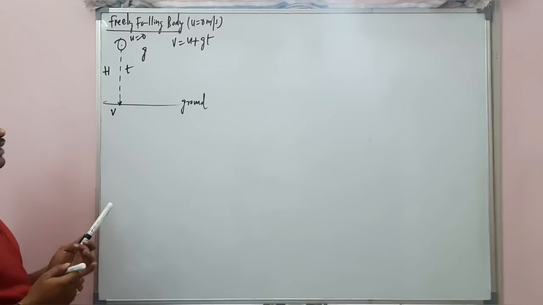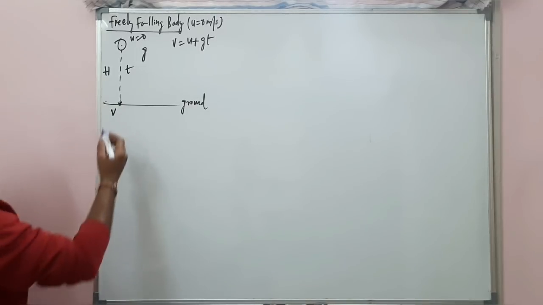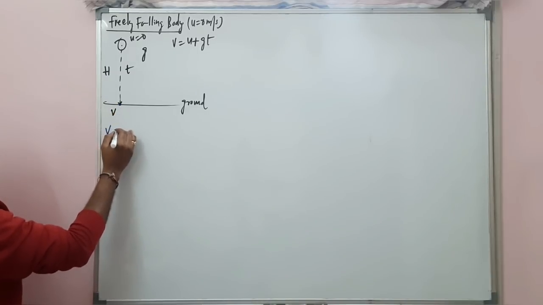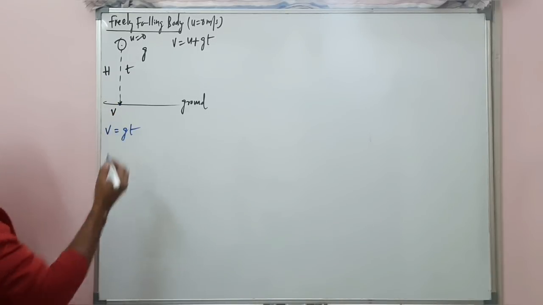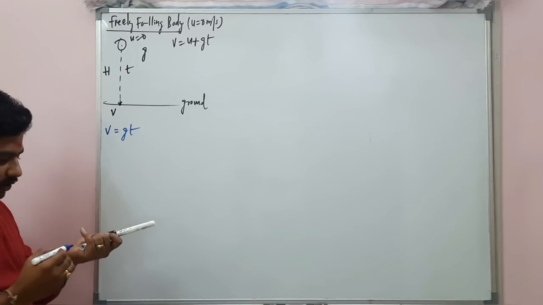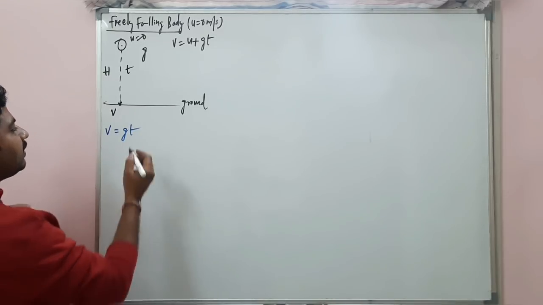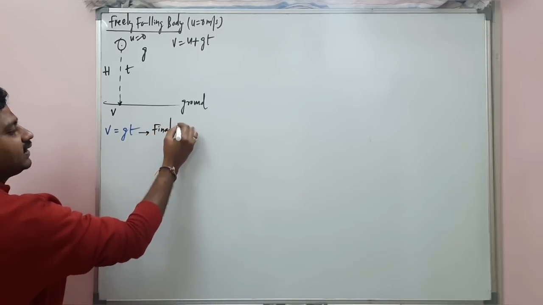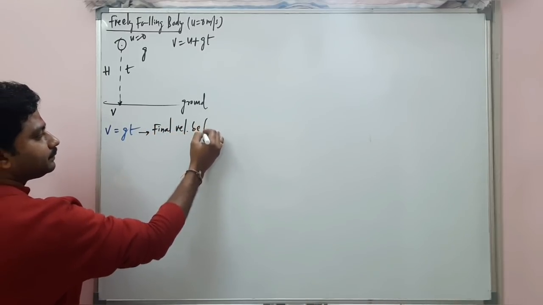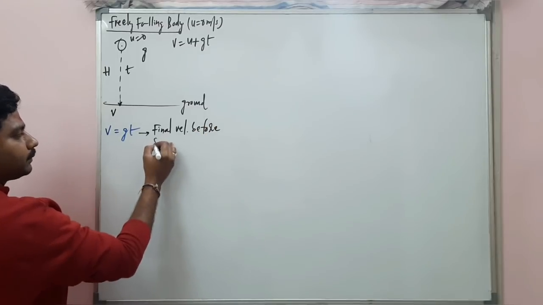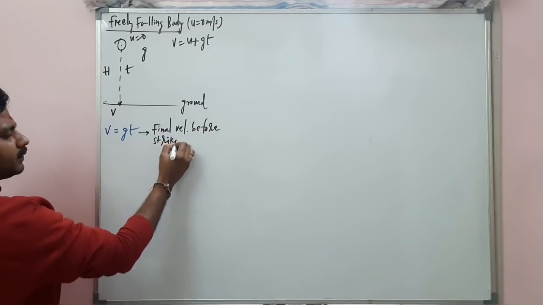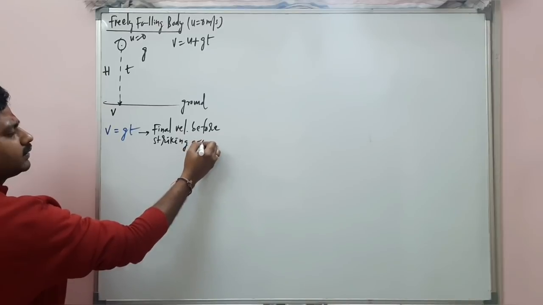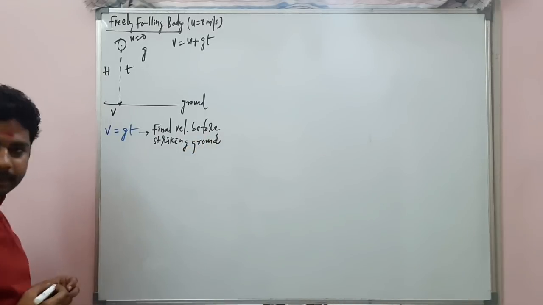So then, final velocity before striking the ground, what is that? v is equal to gt. Okay, clear? So the final velocity before striking the ground, I'm writing here, final velocity before striking the ground. Keep it there.